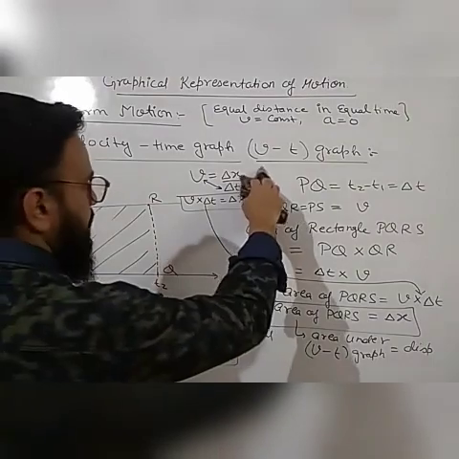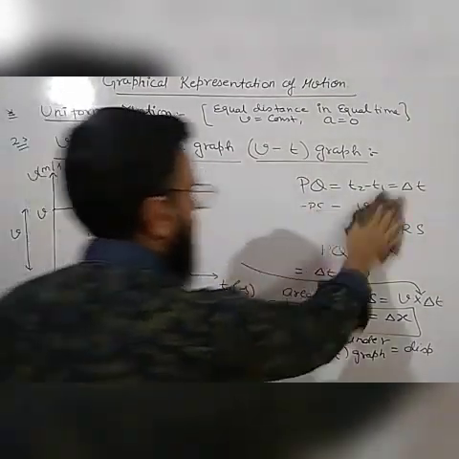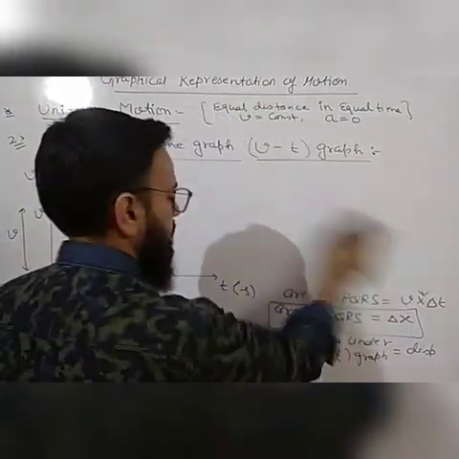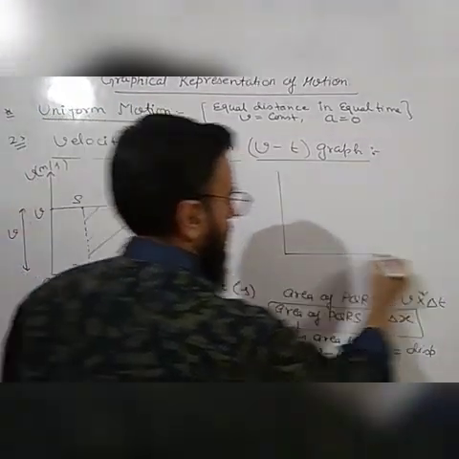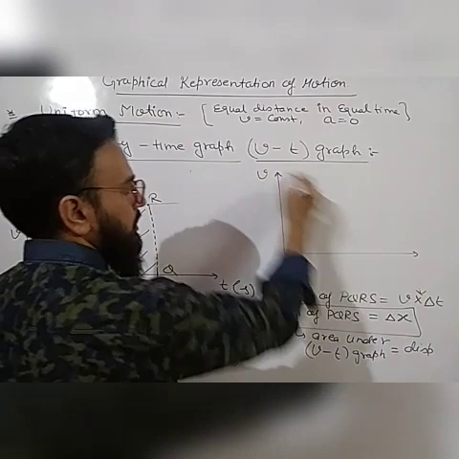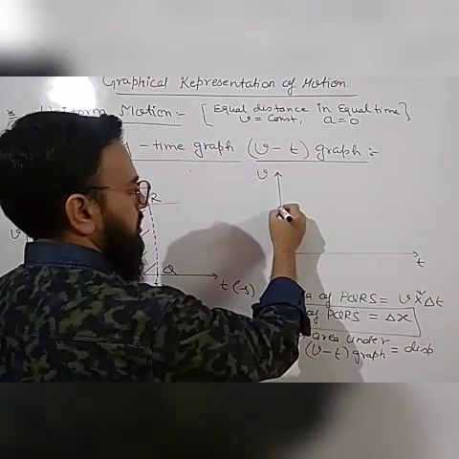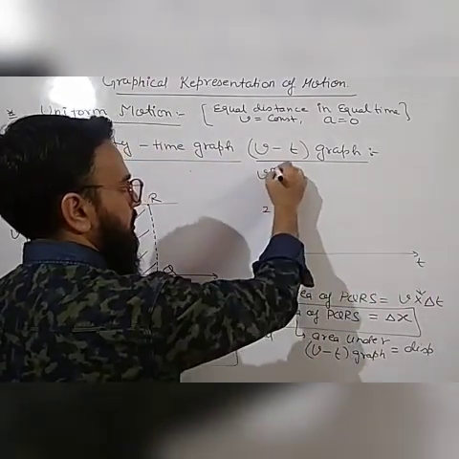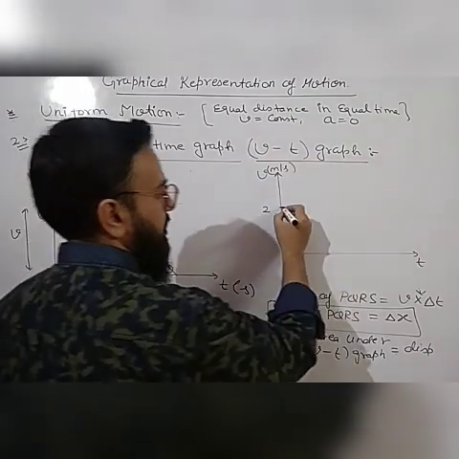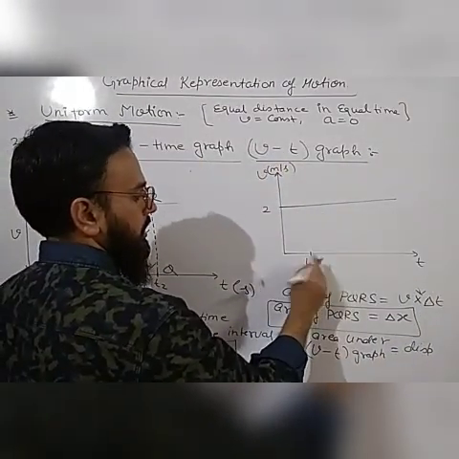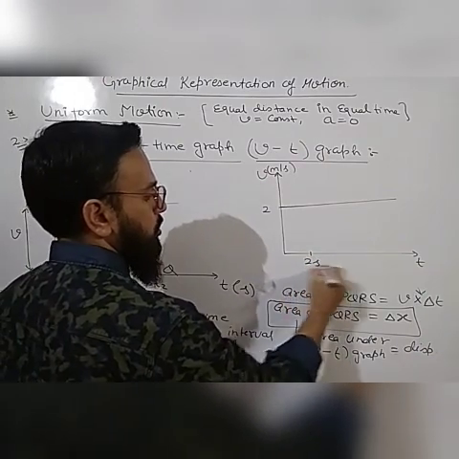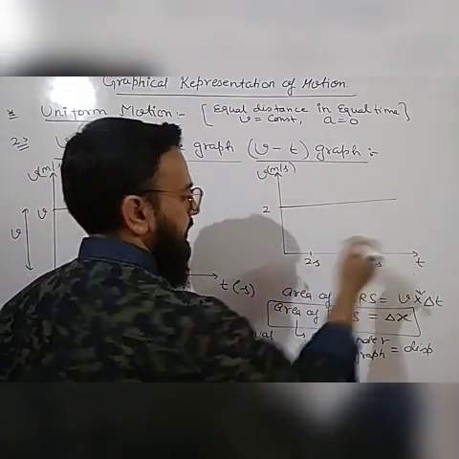So let us solve one problem based on this. You are given a velocity time graph, with v and t axes. Suppose the velocity is 2 meter per second and it is constant. Let this time be 2 second and this be 6 second.